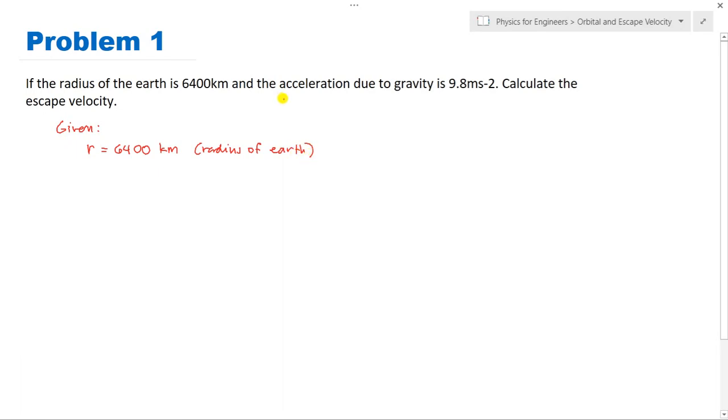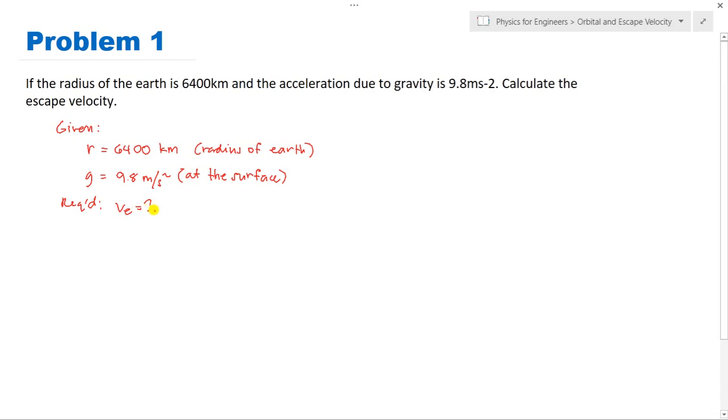And the acceleration due to gravity is given, so G is equal to 9.8 meters per second squared, at the surface. Calculate the escape velocity. So, required is the escape velocity, that is VE.